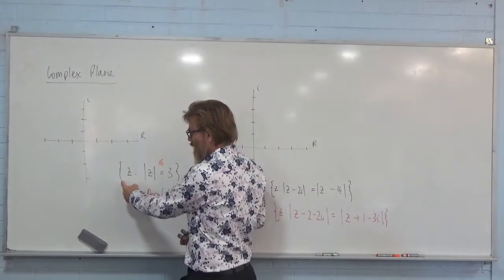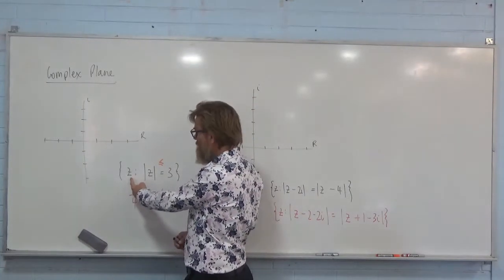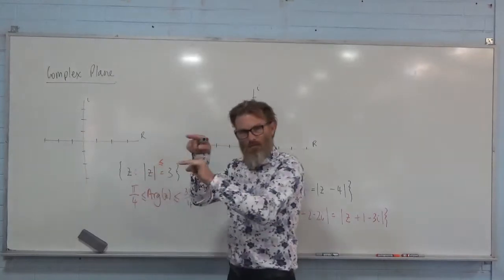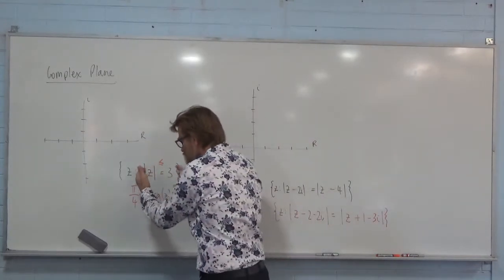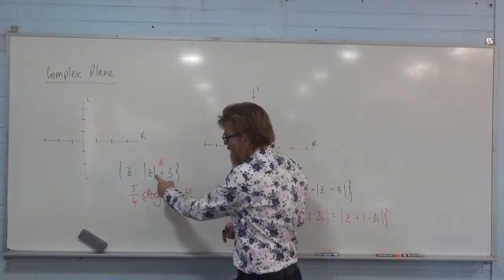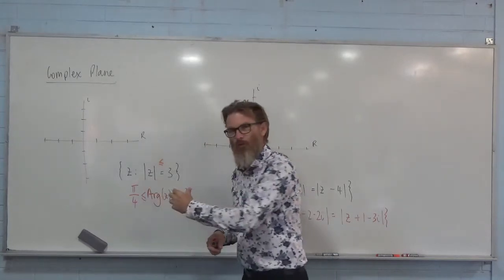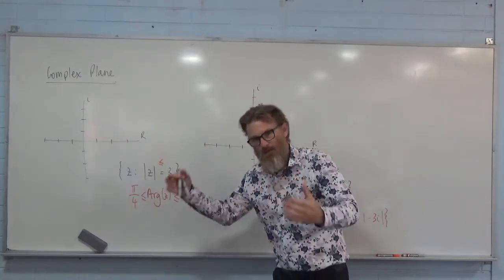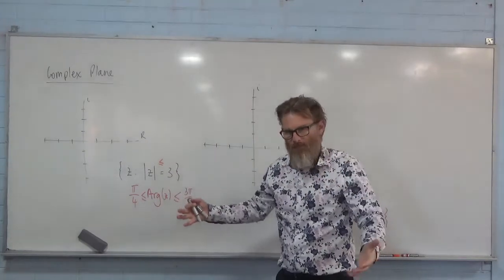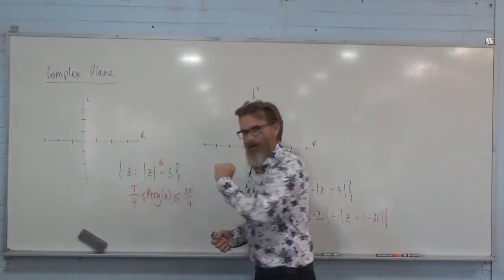So it's the set of points of complex number z such that, two dots, such that, this is like a constraint that you're giving it, that the absolute value or the modulus of z, or the distance or the length of z is equal to 3.